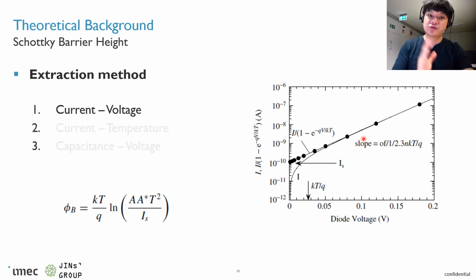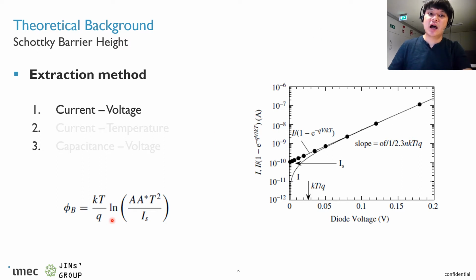And there are three ways to extract the barrier height. In this paper, we use an approximate barrier height through the current-voltage method. Although the Richardson constant is in a natural logarithm, so it makes small errors, the uncertainty from this Richardson constant makes some error.